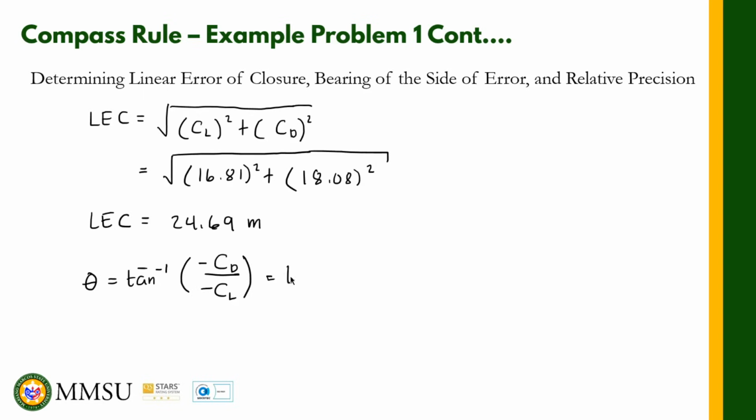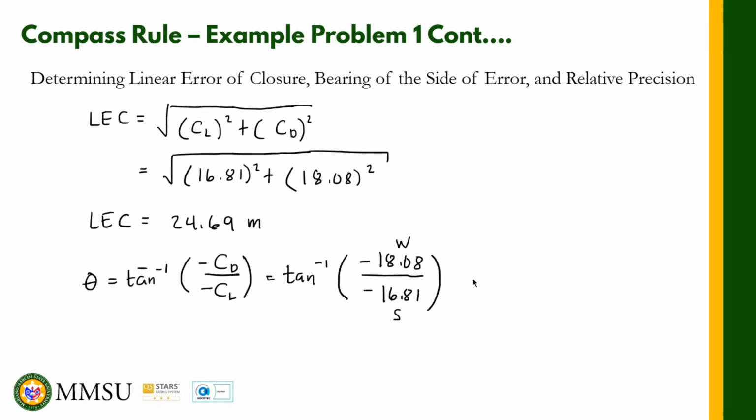Okay, so this is the inverse tangent of negative CD, negative 18.08, divided by negative 16.81. Okay? Ano kayang silbi ng mga negative na ito? Bakit kaya pwede namang wala? Okay, itong mga negative na ito indicates the direction of the theta, bearing of the side of error. Ibig sabihin ng negative 18.08, this is west, tapos negative 16.81, this is south. Okay? Very important yung mga signs na yan because of the direction, west and south.